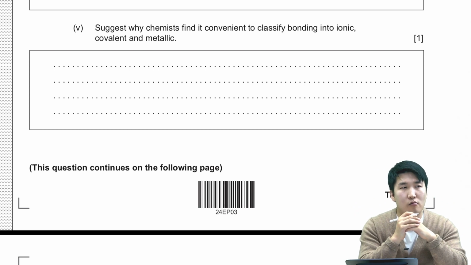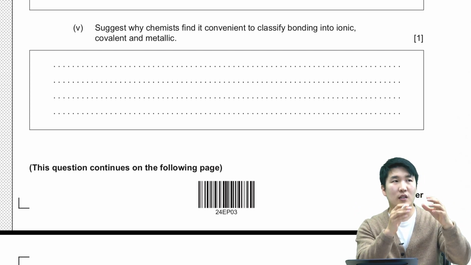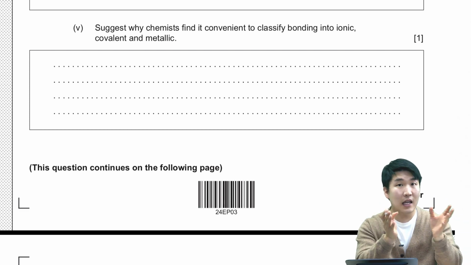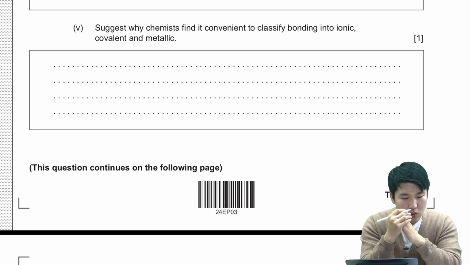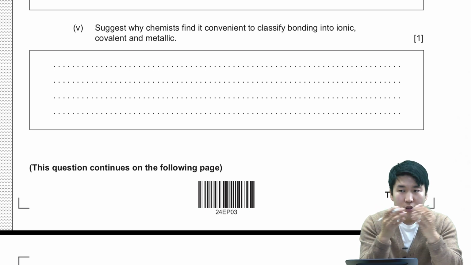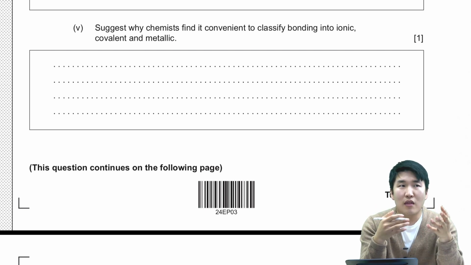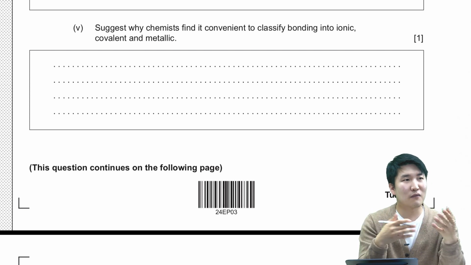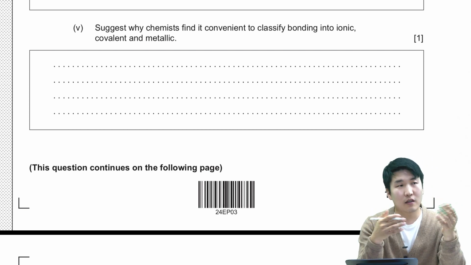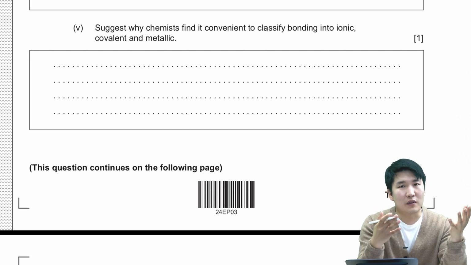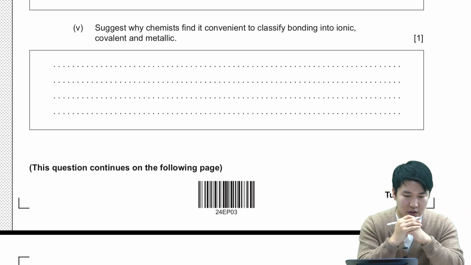Metallic: between the lattice of metallic cations and the surrounding sea of delocalized electrons. So different compounds have different bonding nature, and therefore different properties. So we're able to explain properties of different compounds and substances.